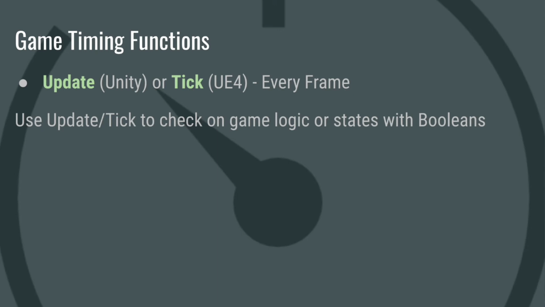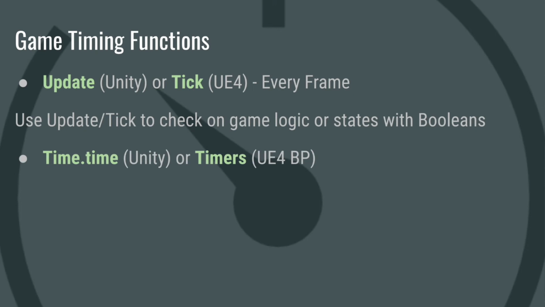There's also something called Time.time, or there are timers in Unreal, and that's the time that has elapsed since the game has started, and that can be used to determine certain kinds of things as well. Again, don't do it for animations or anything where you have to really make sure it's all synchronized. But the idea is checking to see if certain states have changed.